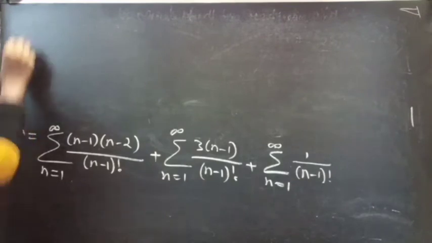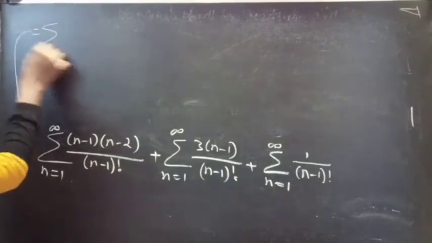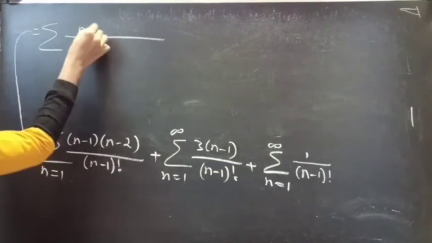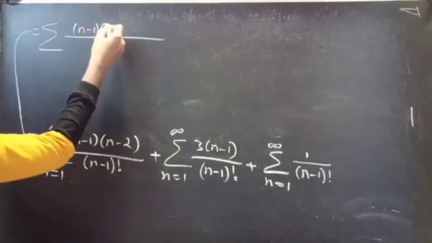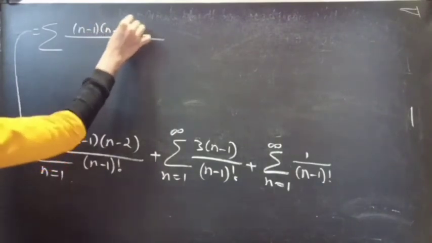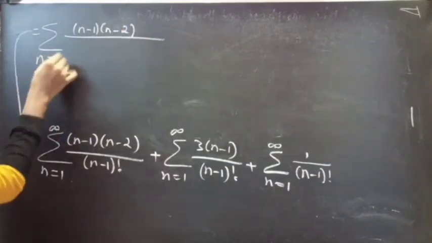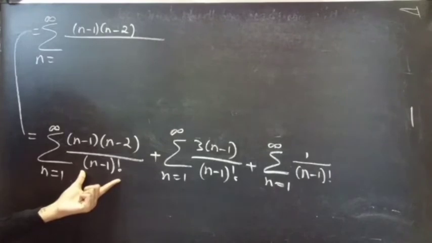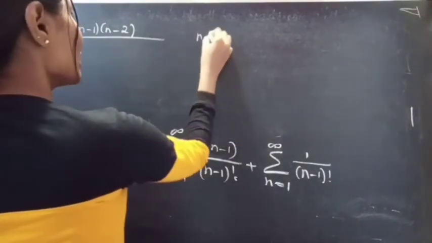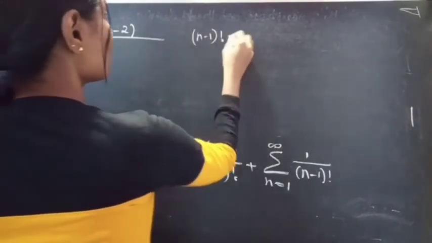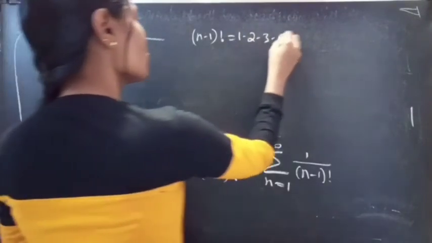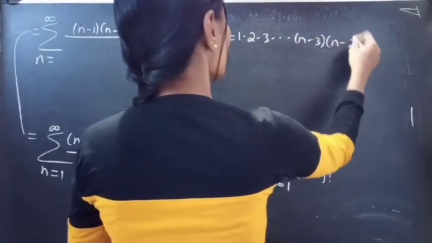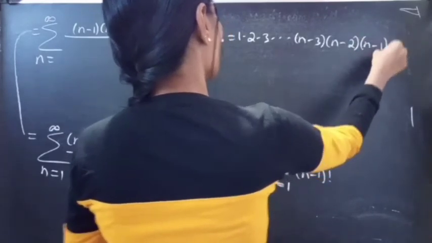So this becomes equals to summation. We'll write the numerator as it is. In the next step, we are going to cancel it. Since we are having n minus 1 factorial in the denominator, we have n minus 1 factorial equals to 1 into 2 into 3 into so on into n minus 3 into n minus 2 into n minus 1.